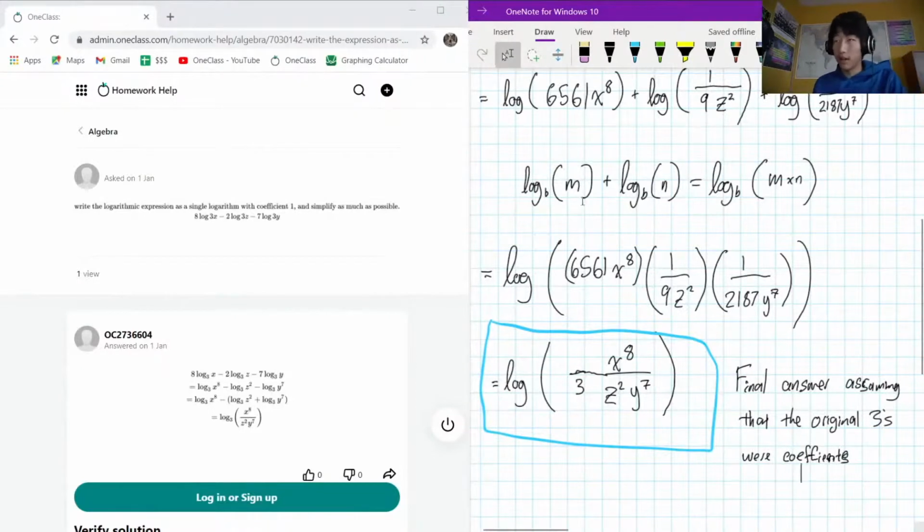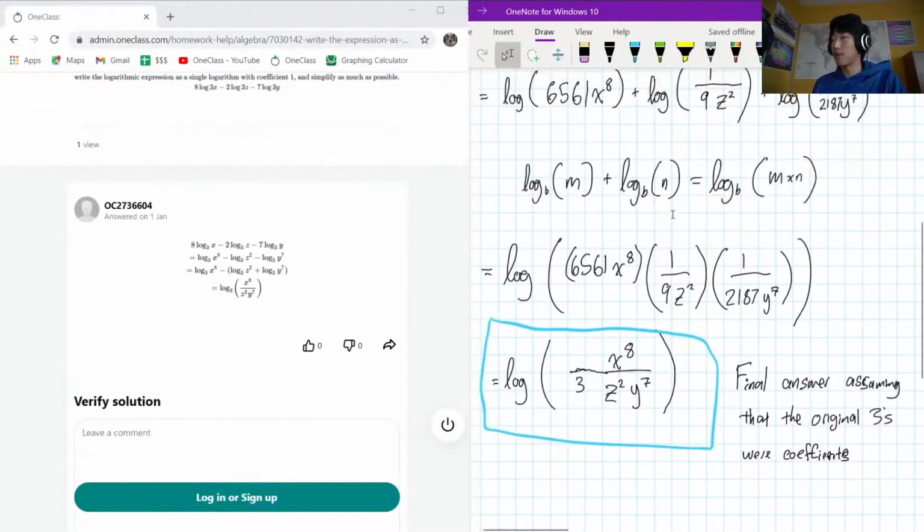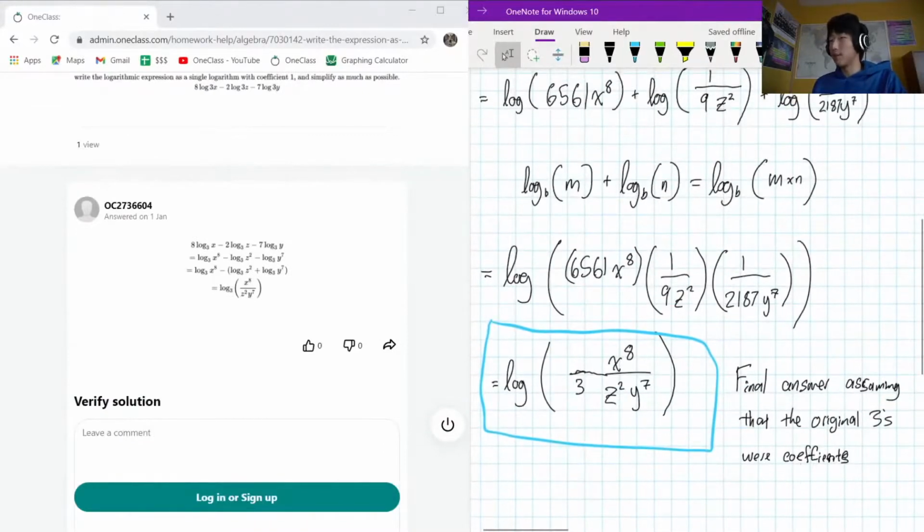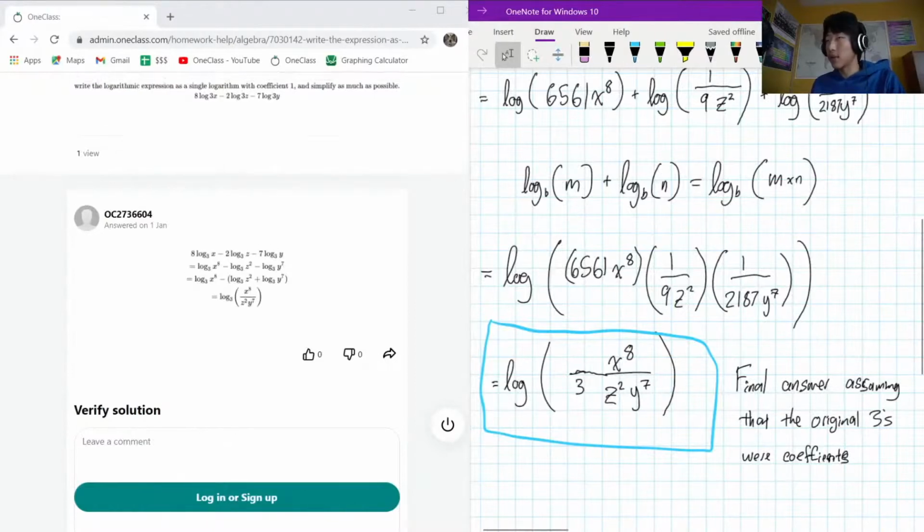In the given answer that we have, it was assumed that the 3 was a base. Honestly, you can't really tell like this; you want to format it more properly to be more precise, but now we have a way of solving it either way. So this would be using 3 as a base, and this would be using 3 as a coefficient. Okay, cool.